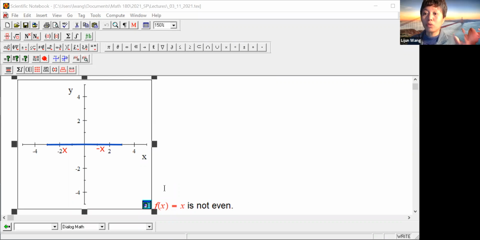We don't know. If x is positive, negative x is negative. If x is negative, negative x is positive. Do you follow me? Now you need to have that kind of connection. x and negative x are just opposite, but they're in the same category. They're both inputs. We only have two major categories here: input, output. For these two inputs, what are the outputs?